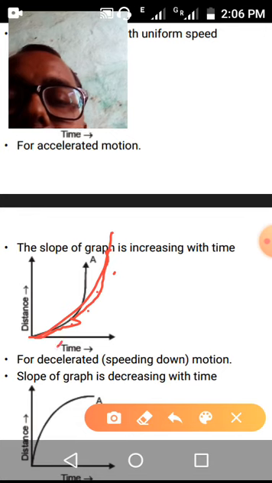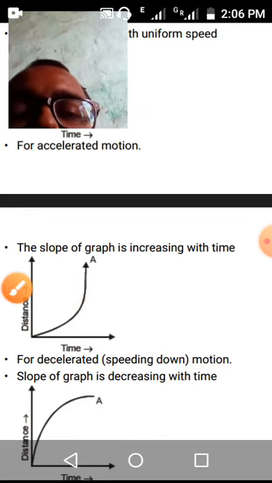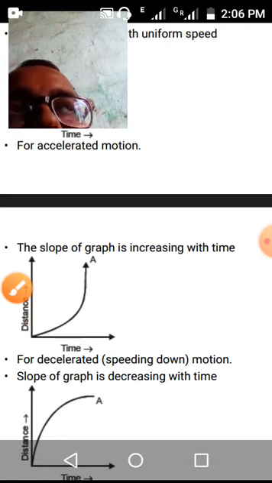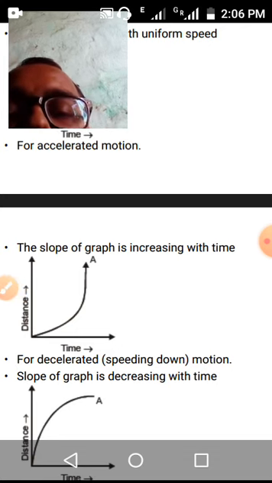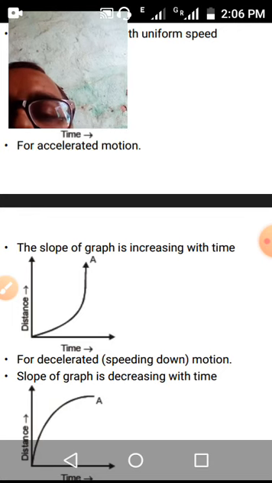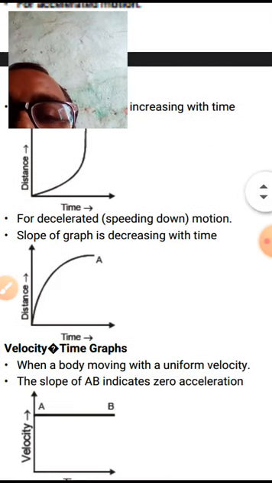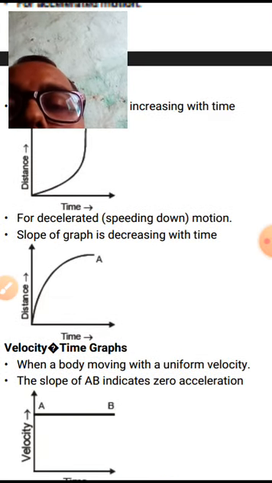If the slope is high, we can say this is accelerated motion. Accelerated motion means the object is initially moving slowly, but after some time its speed increases.